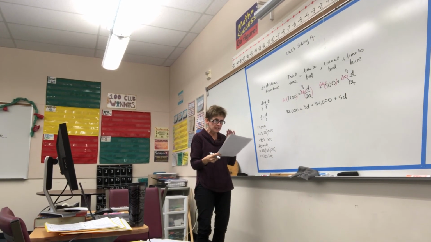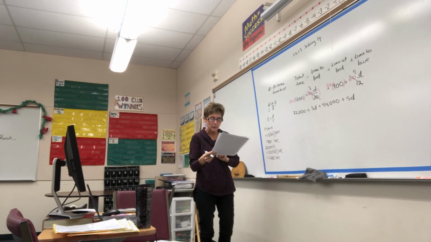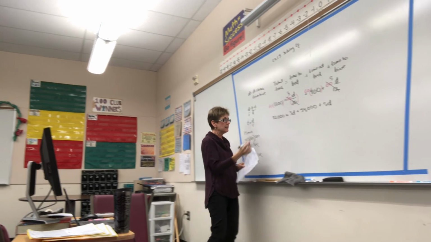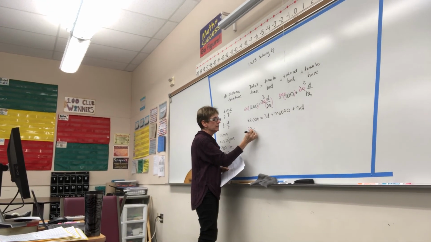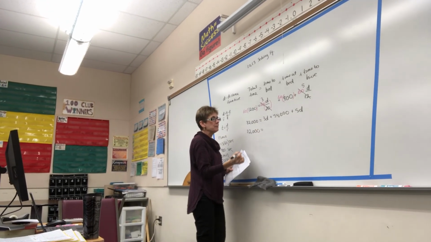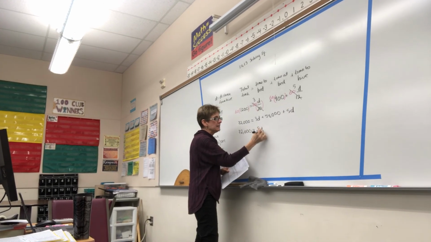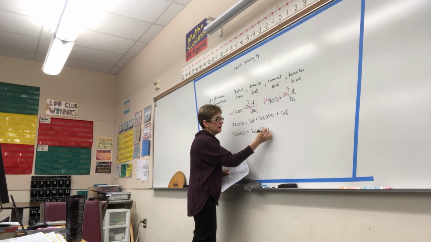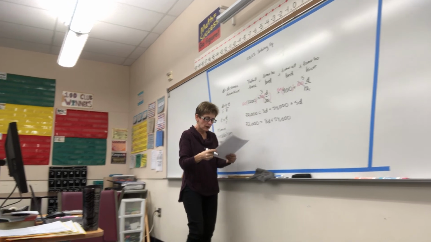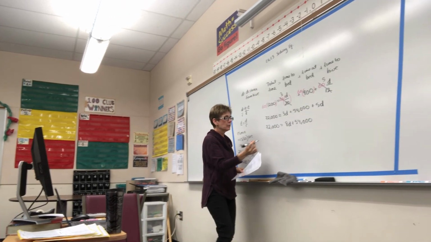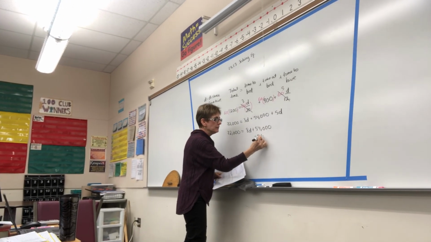Awesome. We're coming into the home stretch here, and after this we'll be done. Now we want to combine like terms, like we talked about earlier. So 3D plus 5D is going to be 8D. And of course, now we want to use our opposite operations. So we're going to subtract 54,000 from both sides.